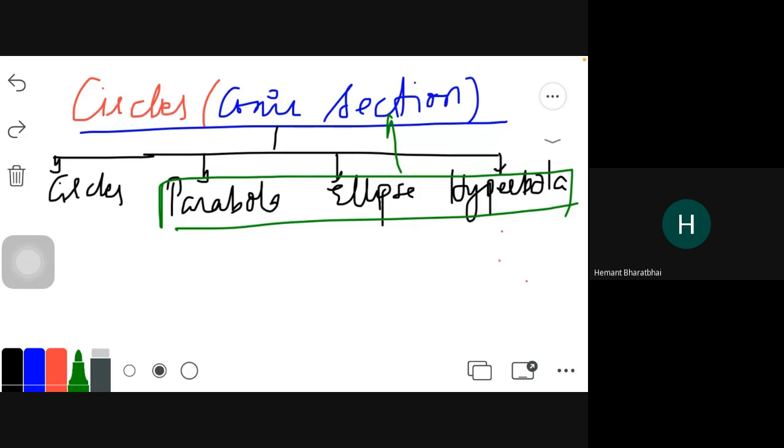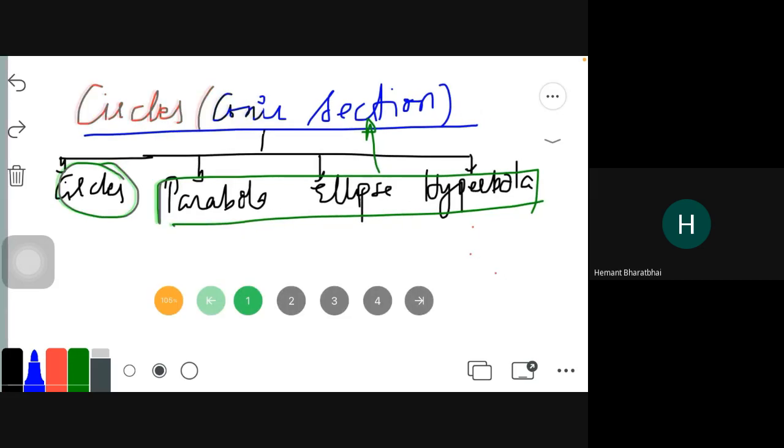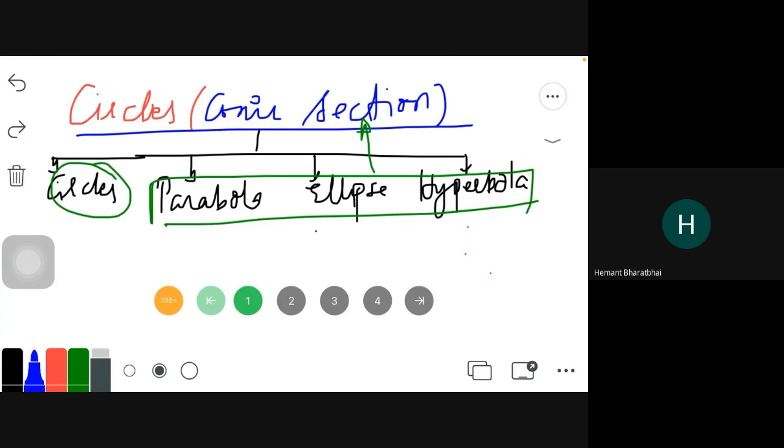All these things I'll discuss in detail when I teach the parabola part. Today I'm going to go with the circles, which you have already studied in your lower classes and already know. Okay, what is a circle basically? That is why I'm going to start with the circles, and I'm not starting with the definition of what is a conic section. I'll keep that for the parabola part.